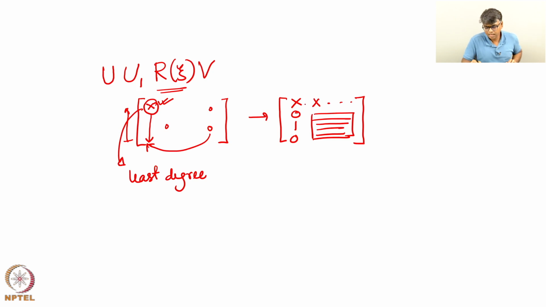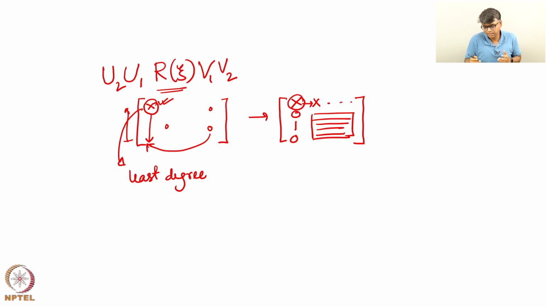Now, once you have done that, you do the column operation. So you multiply by V, this is V1, V2. Once again, take this element and divide with remainder. Each time the degree will reduce.